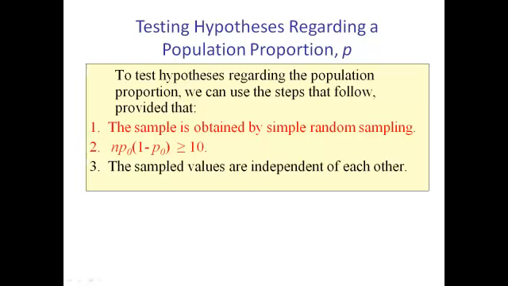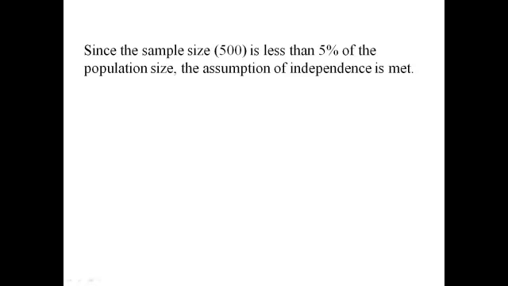And finally, we need to check that our sampled values are independent of each other. Now remember we said that we can check this by checking that our sample size of 500 is no more than 5% of the population size.